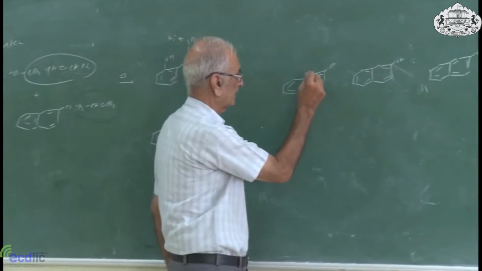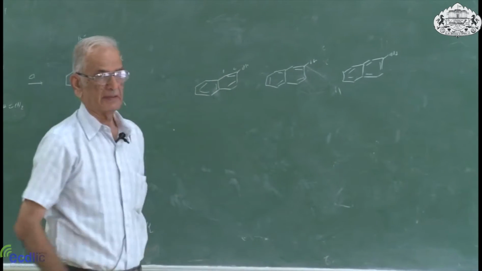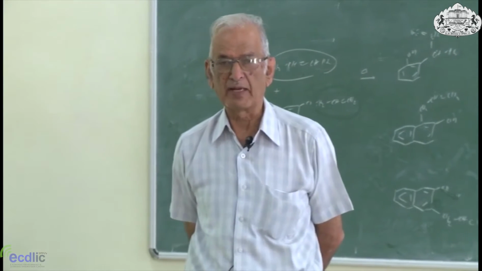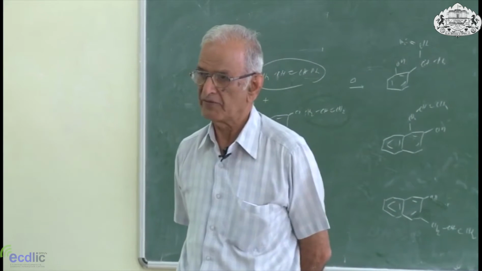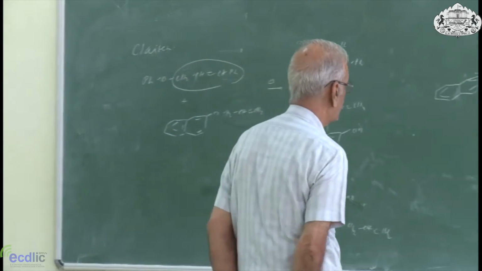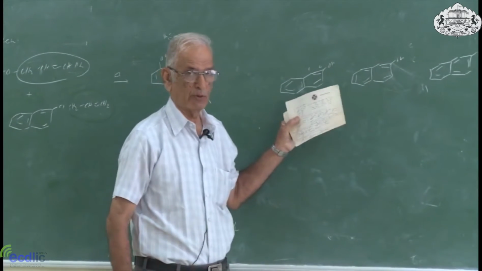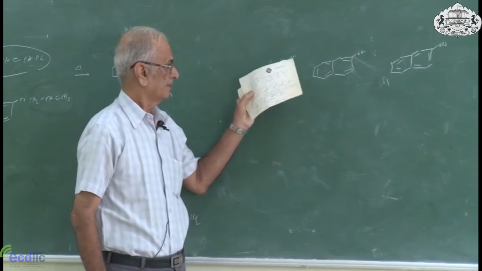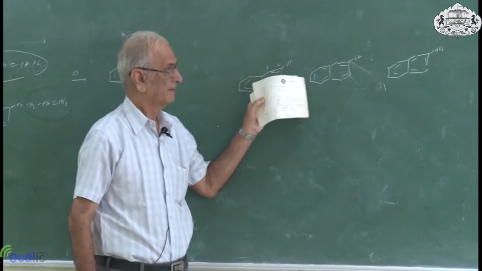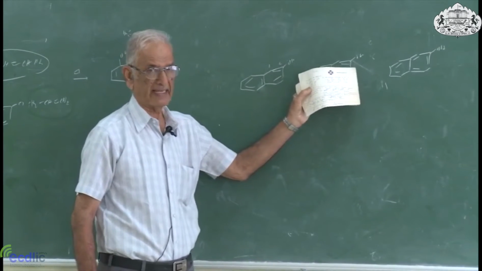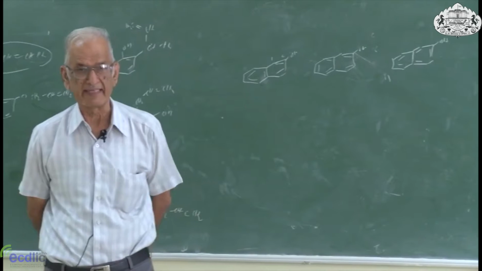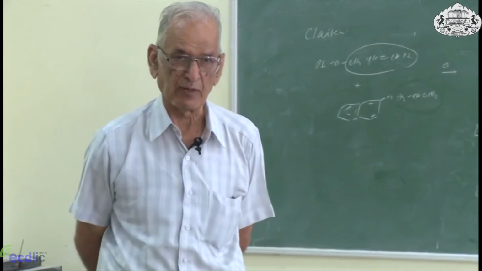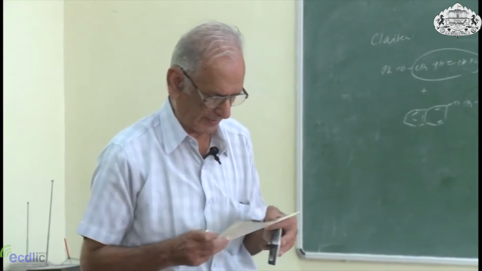And in two of them, the double bond is between the 1 and 2 position, and in only one of them, the double bond is between the 2 and 3 position. Even out of these three, this is very much more stable. Why is this very much more stable? Here both rings are aromatic, whereas in this, only one ring is aromatic, and in that again, only one ring is aromatic. So, the reaction always goes to the one position in the naphthalene.